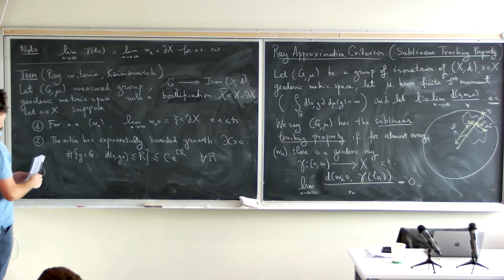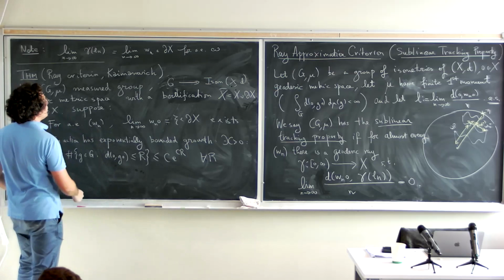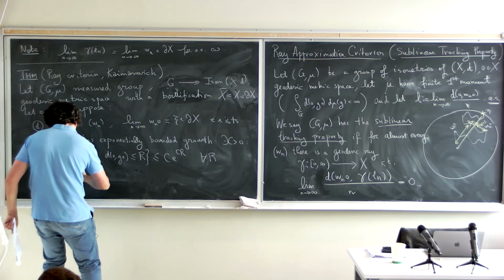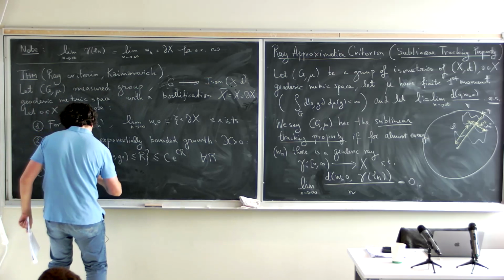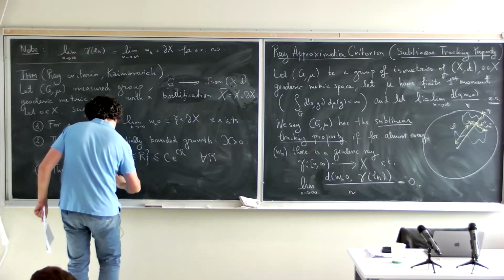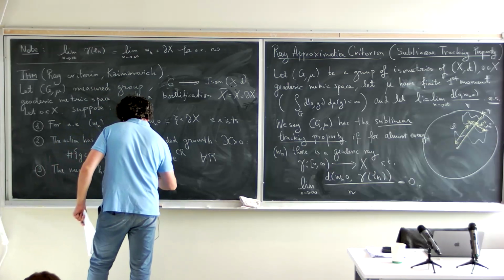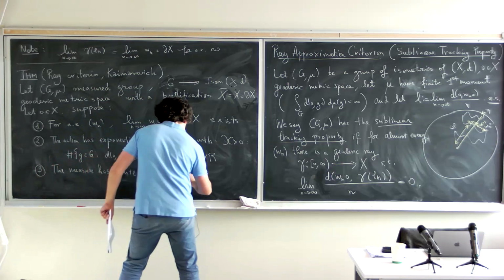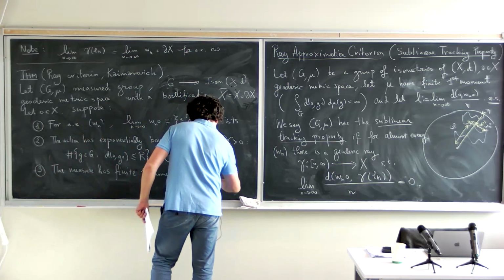Okay, and then the other condition is that the measure has finite first moment, and the sublinear tracking property holds.